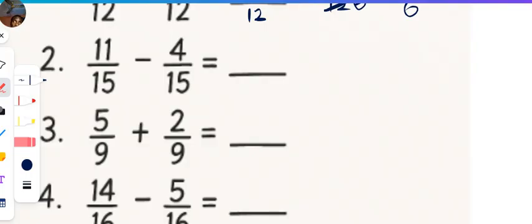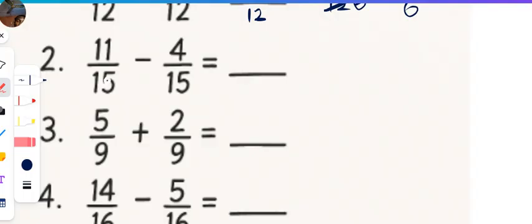If they are the same, follow the rule by picking one of the denominators and adding or subtracting the numerators, which are the numbers up. But if the denominators are not the same, you will need to make them the same. That's the work that you have to do. So it's pretty easy. So let's solve this one here.